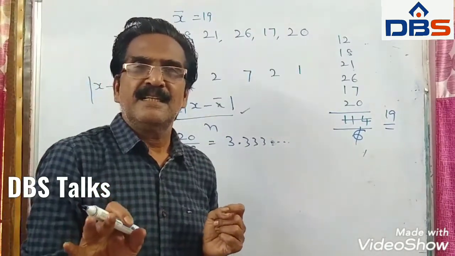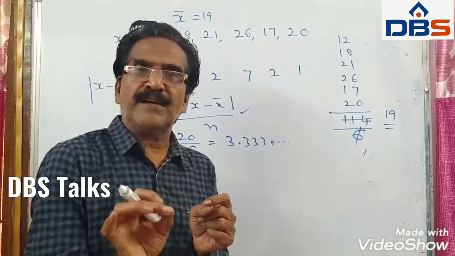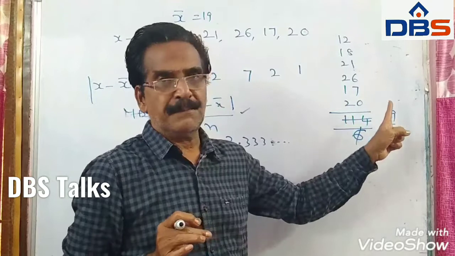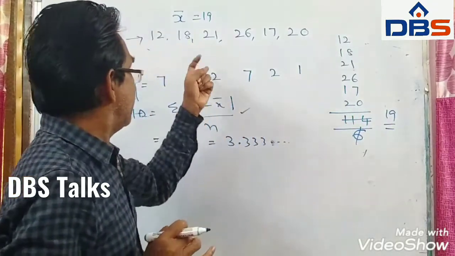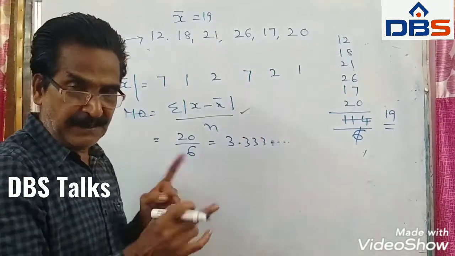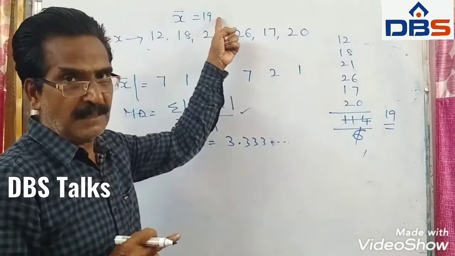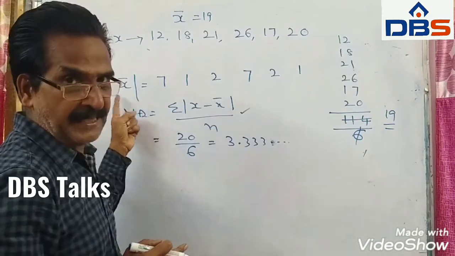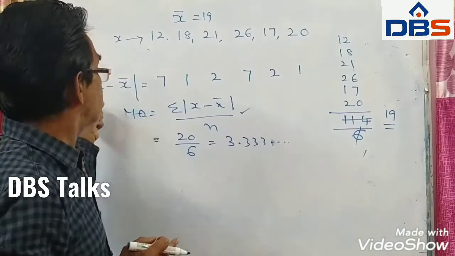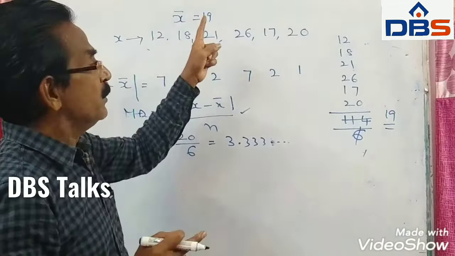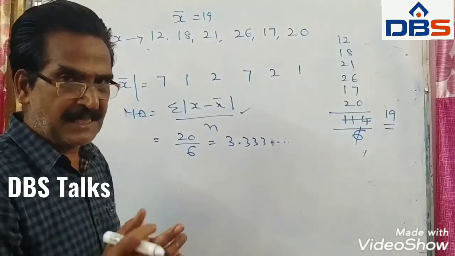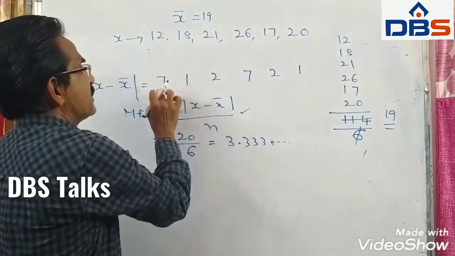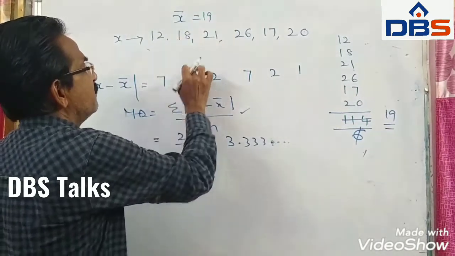Friends, clear? So first you have to find the mean. Next you find x minus x bar, where x bar is your mean. Now you find the x minus x bar values, absolute values. So you have to take the difference, either it is plus or minus. 19, 12 difference 7. 19, 18 difference 1.